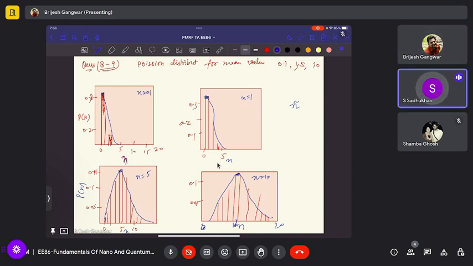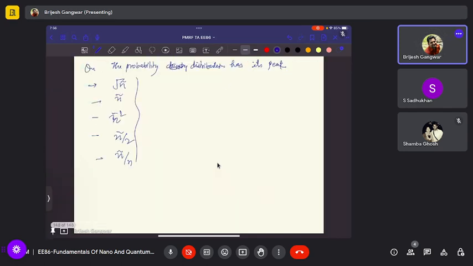For n equal to 10, it is 10. This is n equal to 10, and here it is around 0.1 only. You have to find at what function this peak value will change.